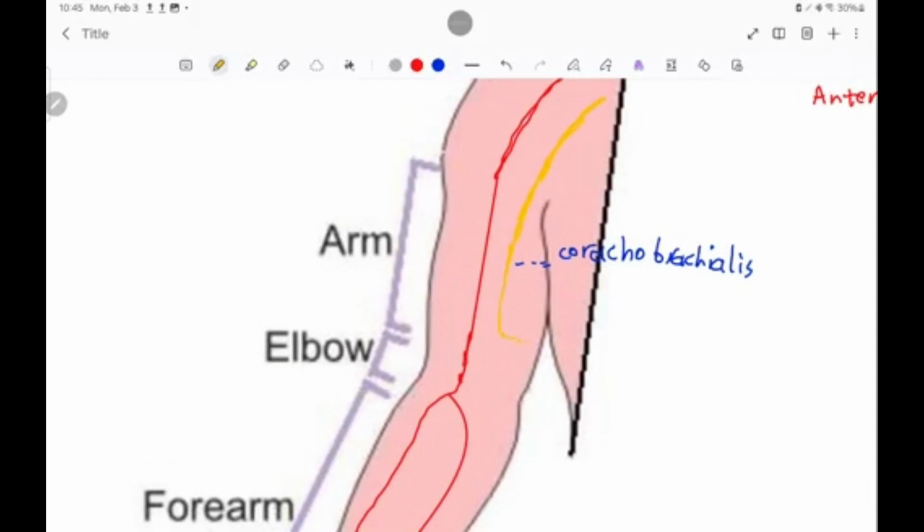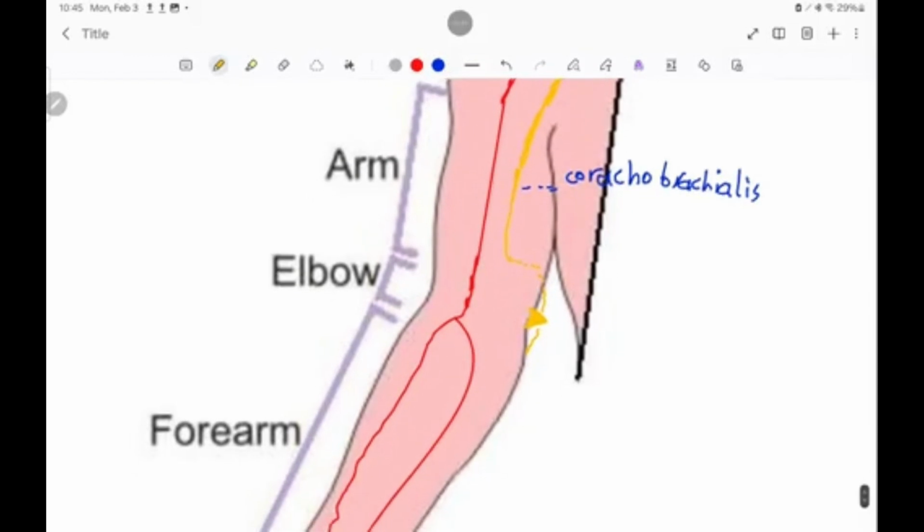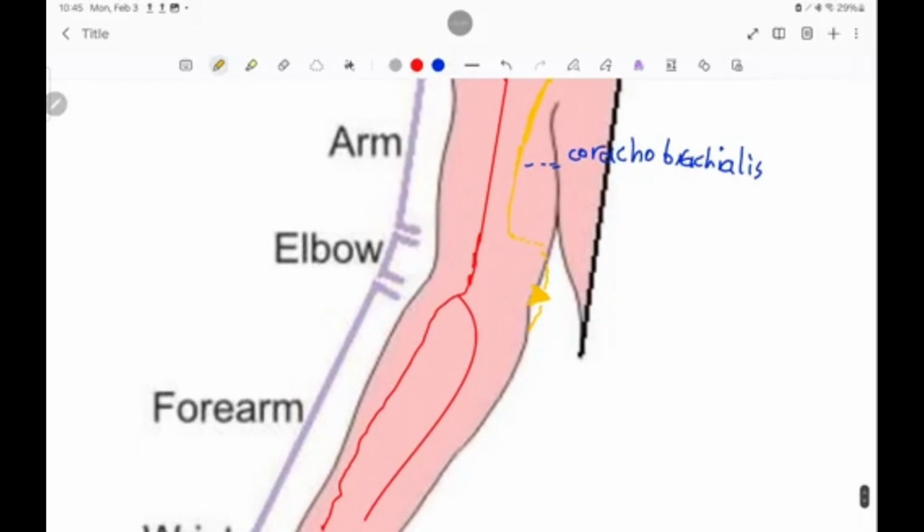I'll just draw some. Okay, and let's suppose that this is the medial epicondyle. So it went back and it will go behind the medial epicondyle. Okay, after that, what will happen? Here we entered the forearm.